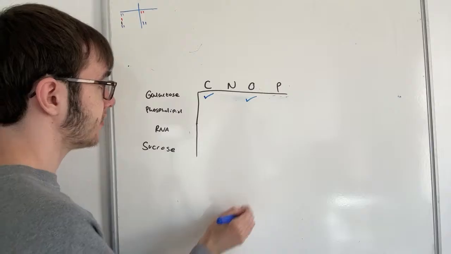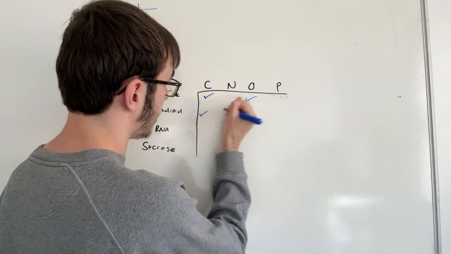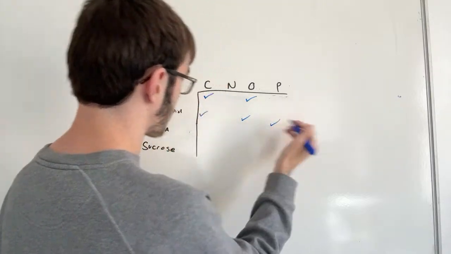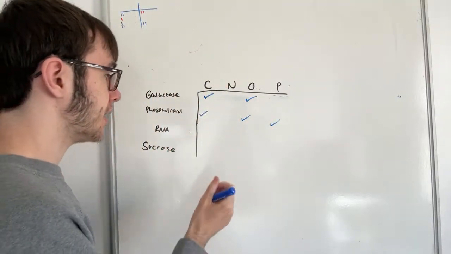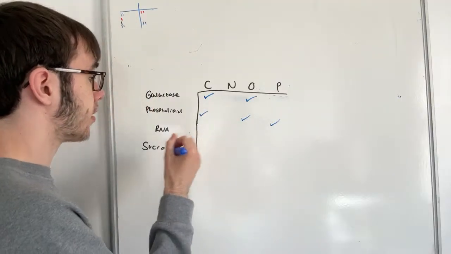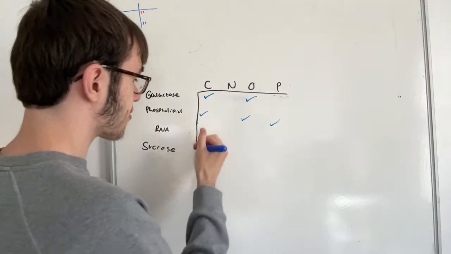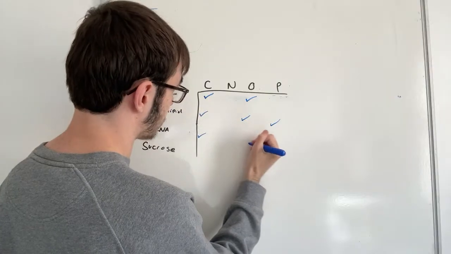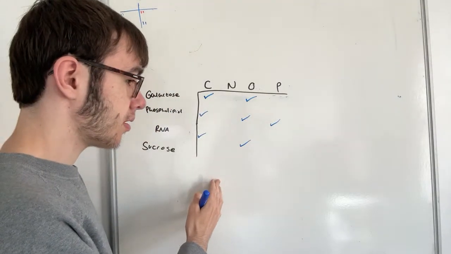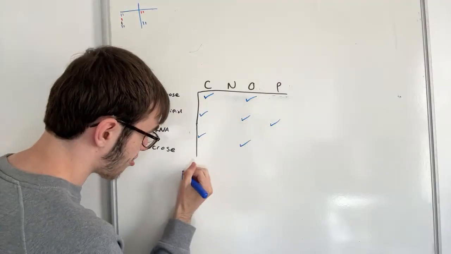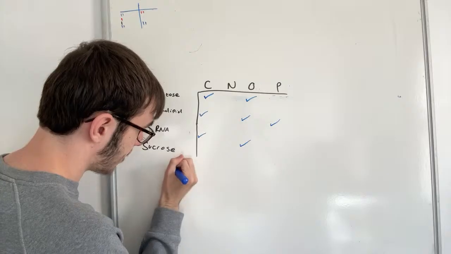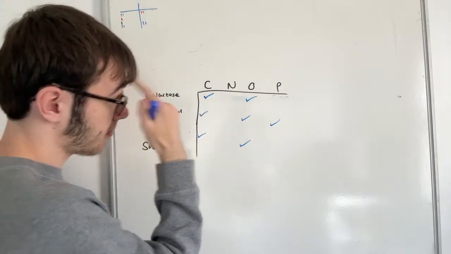Phospholipid, on the other hand, is also going to contain carbon and oxygen, but it's also going to contain, of course, a phosphate. Now, RNA, ribose nucleic acid, obviously it contains a ribose sugar, so it's going to contain a C and an O. RNA, the structure is a base, the sugar, and of course a phosphate.